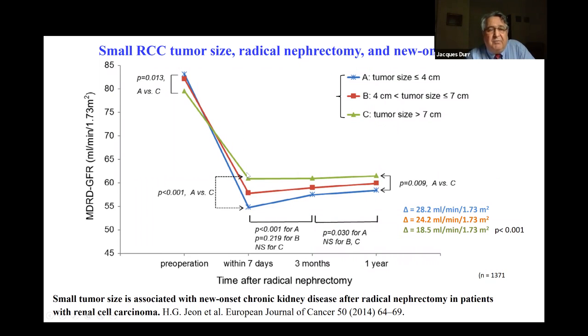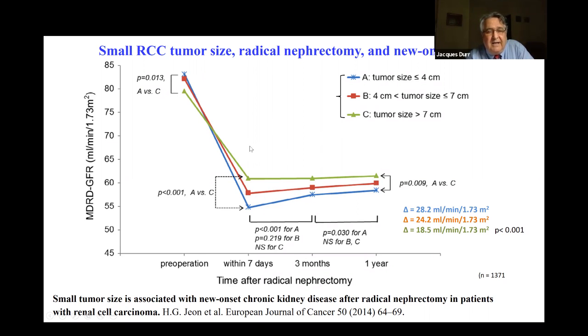So here you have pre-nephrectomy, 1 month pre-nephrectomy. Here you have about 7 days post-nephrectomy. Here you have 3 months and 1 year. They followed them for more than 3 years. As you can see, patients with good GFR, actually the ones with small tumor, had more loss of renal function than the patients with larger tumor.